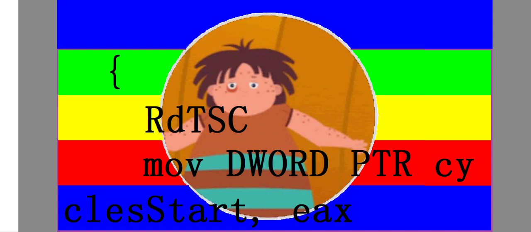MOV space DWORD PTR, the reserved keyword in assembly language, dword ptr cycles start, comma, EAX.